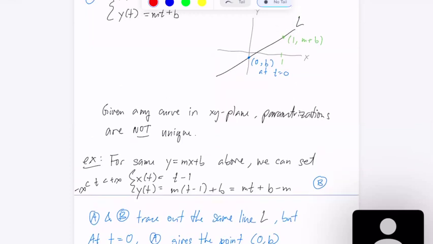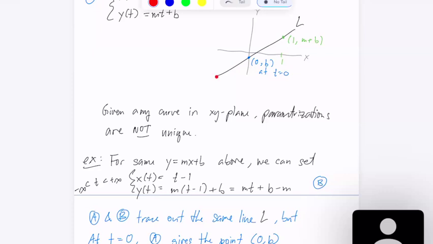One other way to think about this is, let's say your XY plane is a snowy day and this is covered in snow, right? Then you could drive a tractor through this straight line here. Maybe you're clearing the snow or shoveling the snow, then you're going to clear out the exact same line. The path, the image of this line, is the same whether you start shoveling at 6 a.m. or at 6 p.m., right? But the parameterizations might differ. If you start at 6 a.m., you might start here and then finish at some later time here.